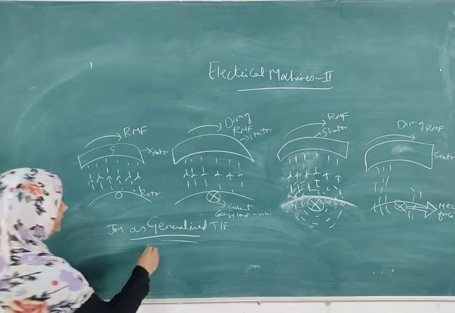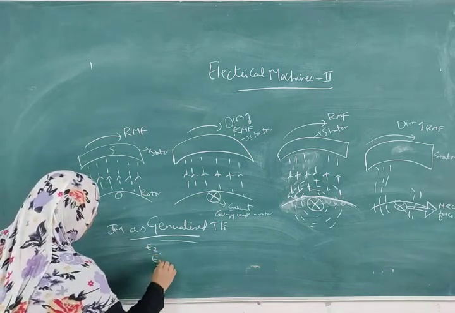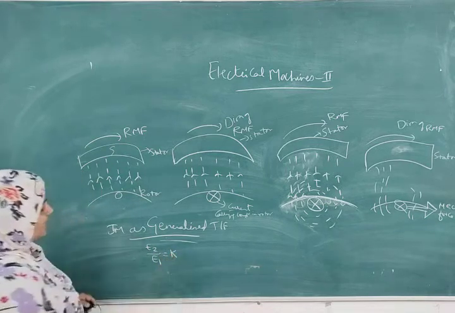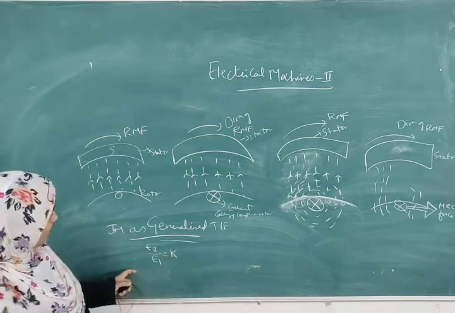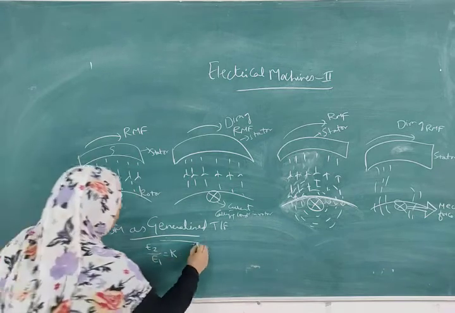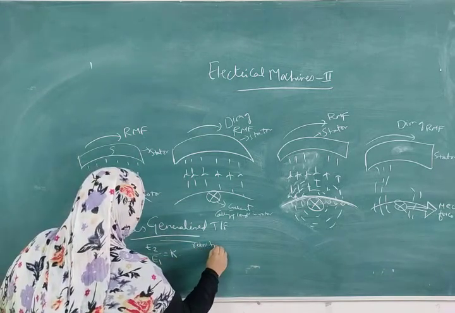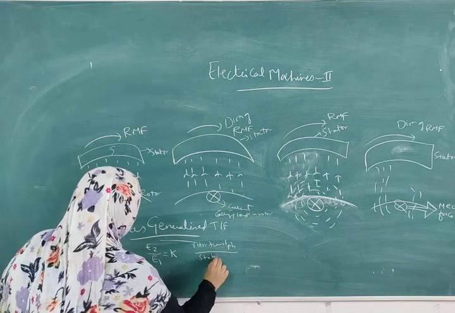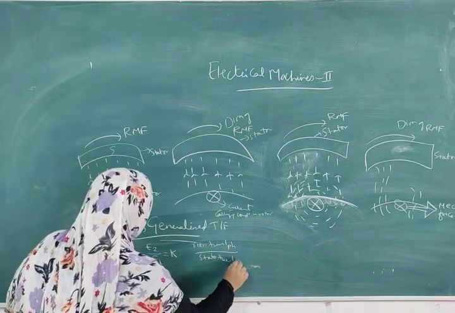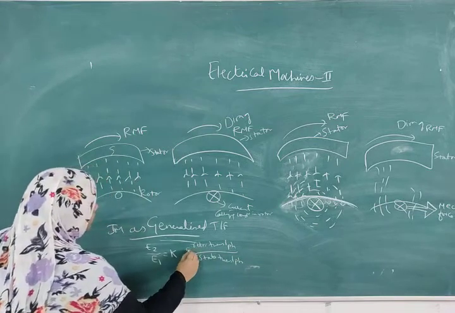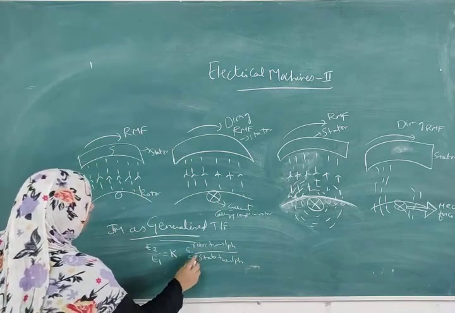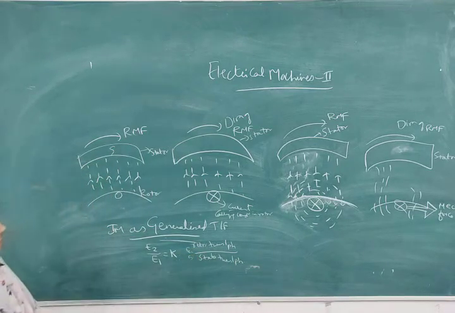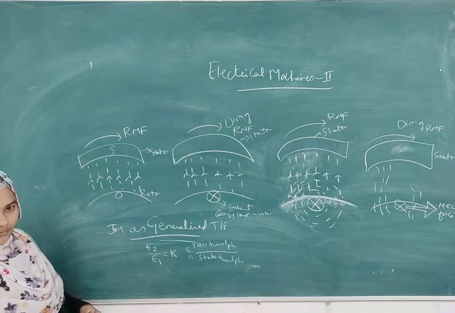And one more thing is that E2 by E1 is equal to K in case of transformer. So here also, in case of induction motor, E2 by E1 will be equal to rotor turns per phase by stator turns per phase.